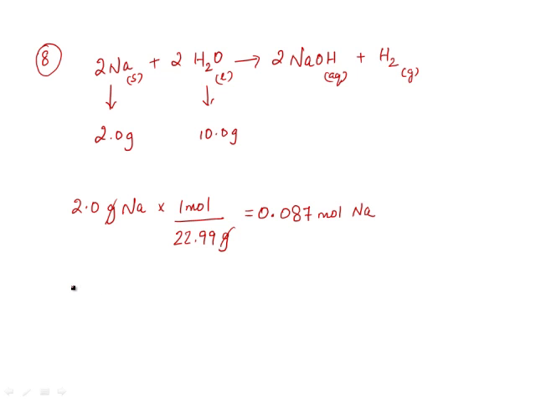Similarly, convert the 10 grams of water into number of moles. So we have 10 grams of H2O, and we do the same thing, multiplying by the reciprocal of the molar mass of water. What is the molar mass of water? 1 oxygen and 2 hydrogens: 18.02 grams.